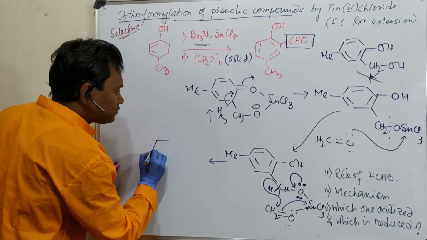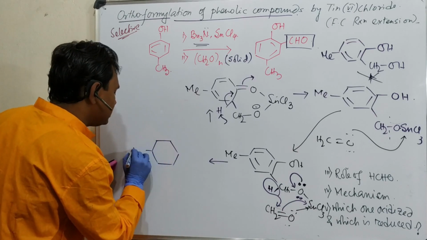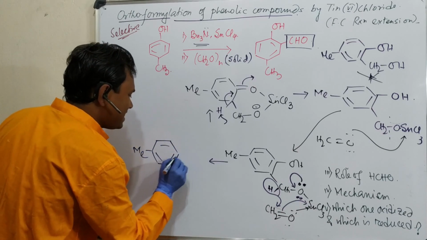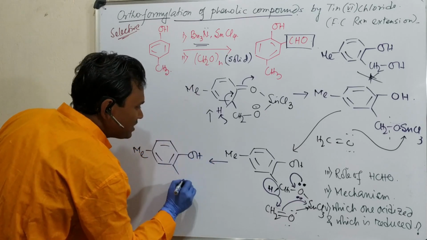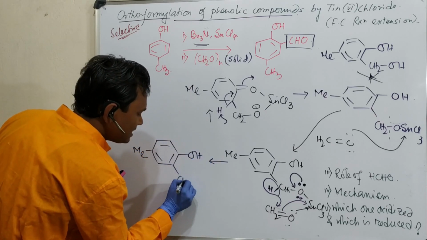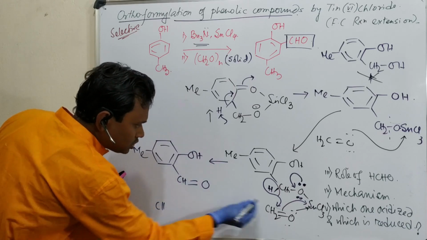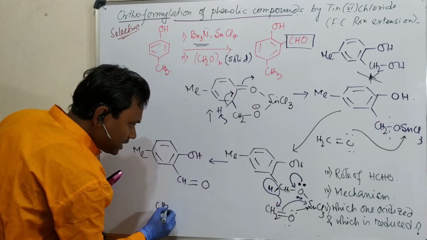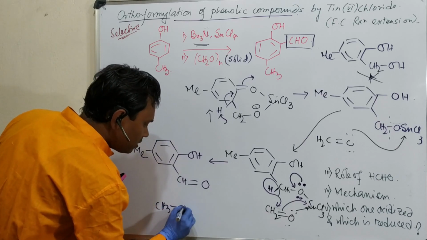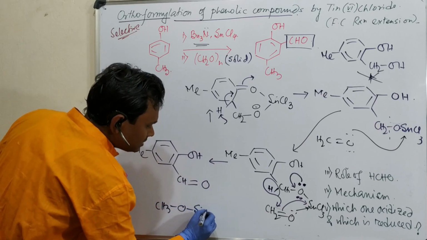Look very carefully. One similar reaction you have already read. I suggest you please try to remember what similar reaction you have read regarding this. So this is actually CH2, one hydrogen came, CH3, double bond became single bond, O, Si, Cl3.